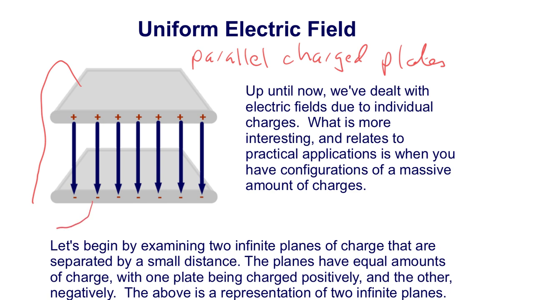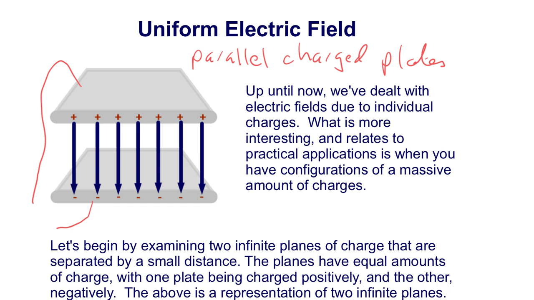One has positive charge on it, and the other has negative charge on it. The amount of positive charge on one plate is equal to the amount of negative charge on the other plate.